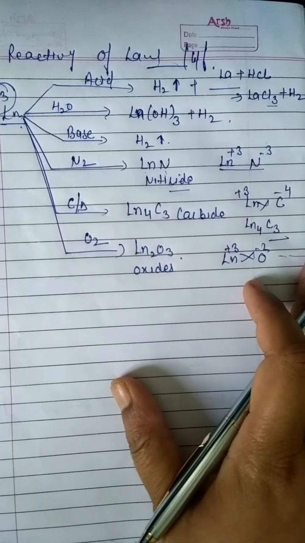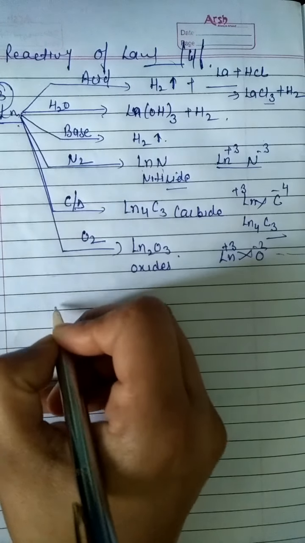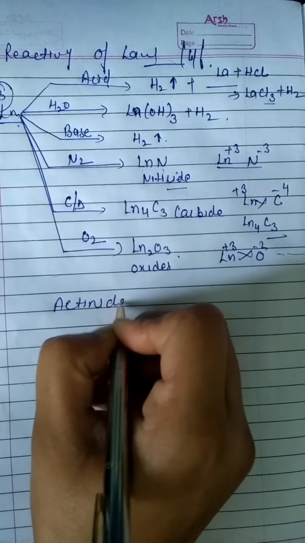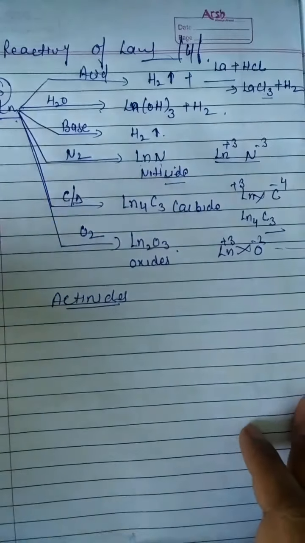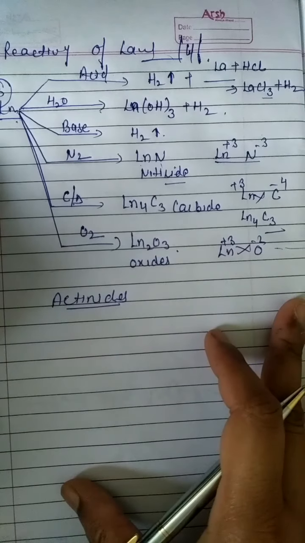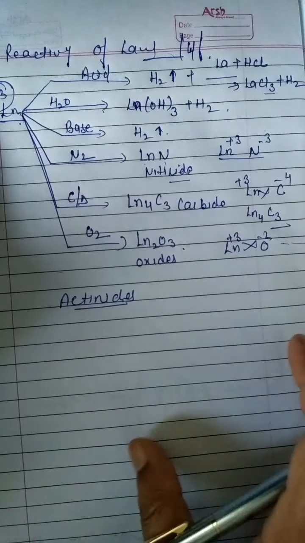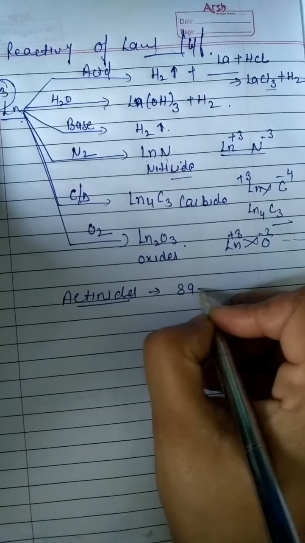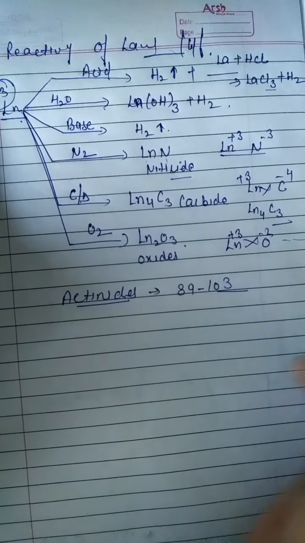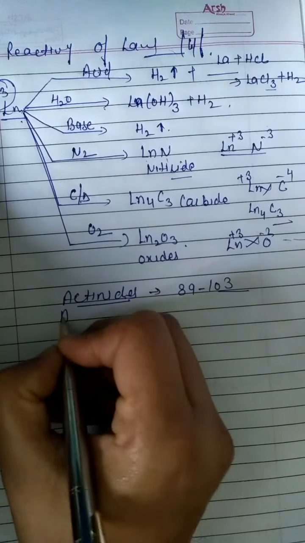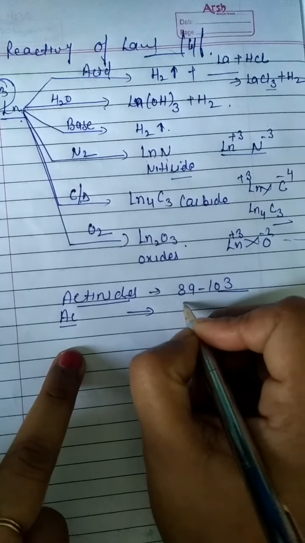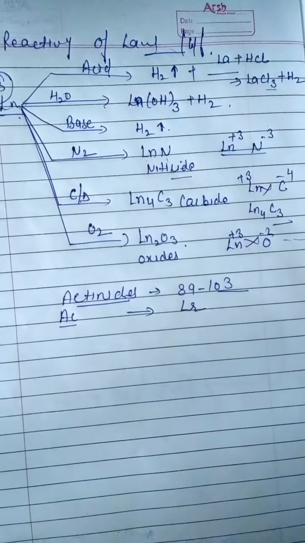Clear? Next, we are talking about the actinoids, because in this lecture we have completed the F block elements. There are some important questions on this. The actinoid series varies from atomic number 89 to 103, that is from actinium, Ac, to lawrencium, that is the symbol Lr.